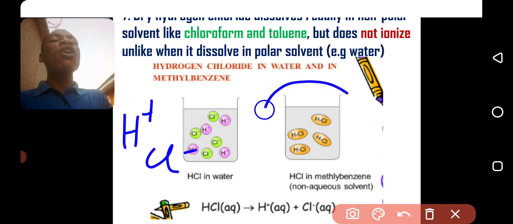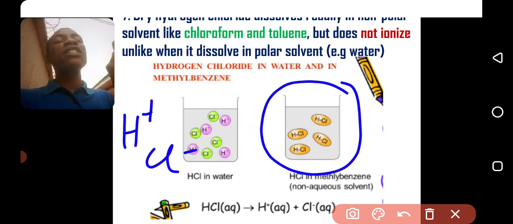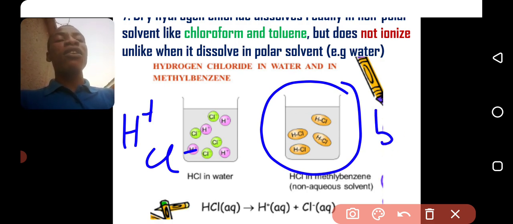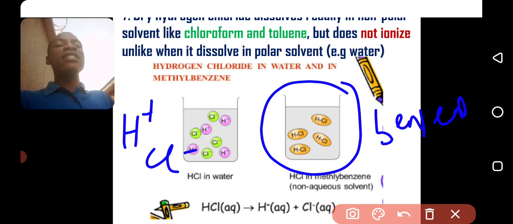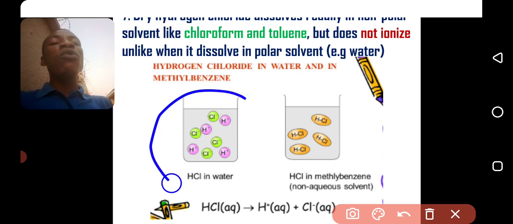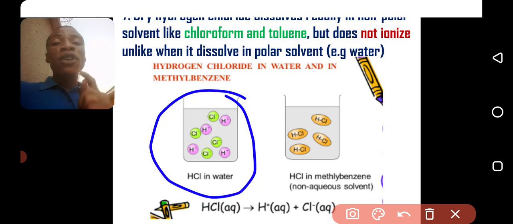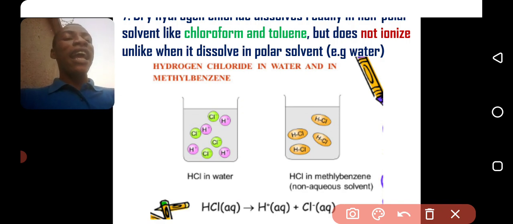But the other one will not conduct electricity because it's a non-polar solvent. Benzene, toluene, or chloroform are non-polar solvents, so they cannot ionize hydrogen chloride gas. So it does not turn to ions there. Hence, it will not have any effect on litmus paper and it's not going to conduct electricity. However, the one inside the water will ionize, and because of that, it's going to change the color of litmus paper and conduct electricity.